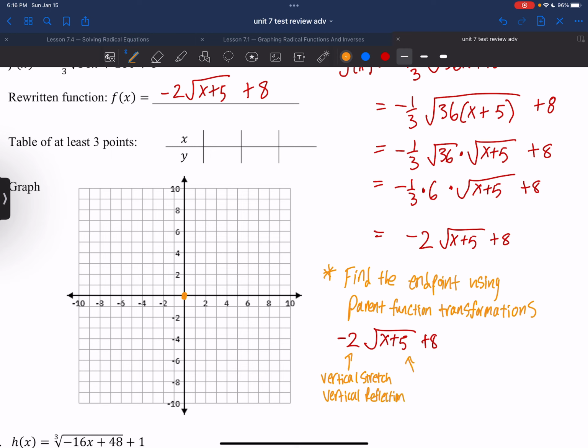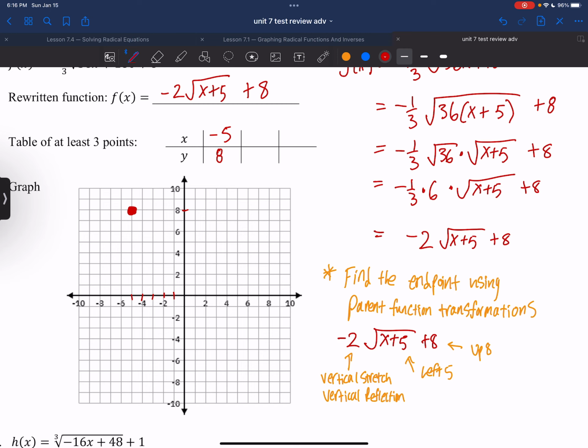The plus 5 is left 5, and the plus 8 is up 8. Now, that endpoint is just going to shift left 5, up 8. So I'll go 1, 2, 3, 4, 5, and then up to 8, boom. That's my endpoint. So one of the points I have is -5, 8.